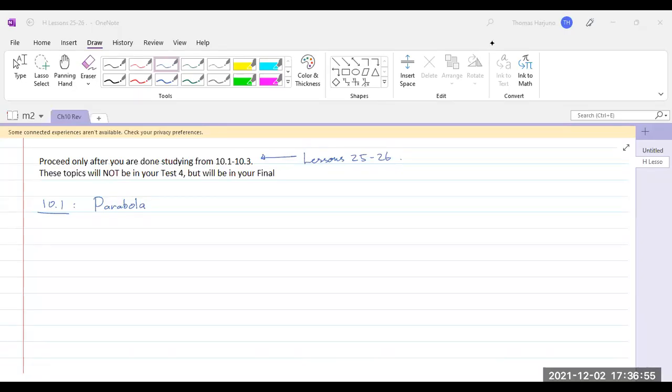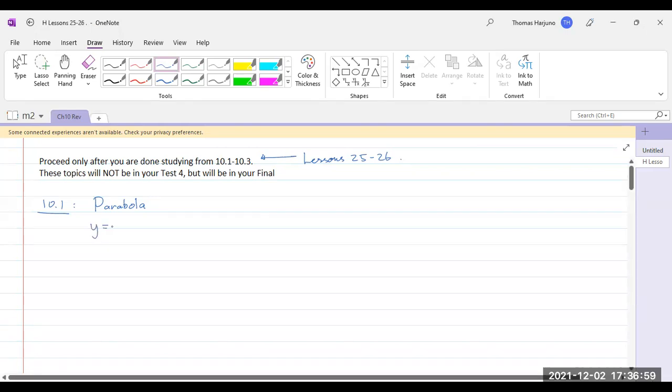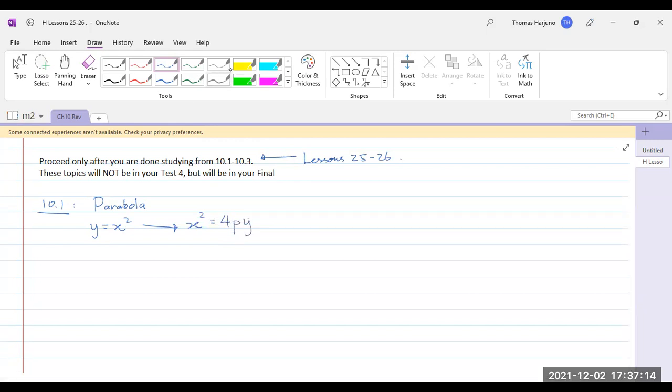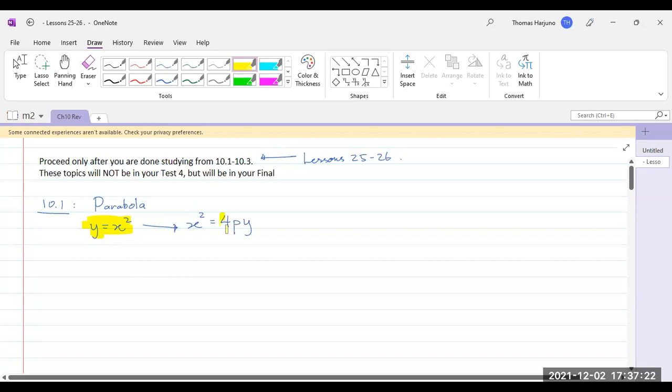The one we usually used earlier this semester was something like y equals x squared and all the variations. But we can now see this as x squared equals 4py. In this situation, the coefficient of y is 1, therefore, in the context of 10.1, p is actually 1/4.